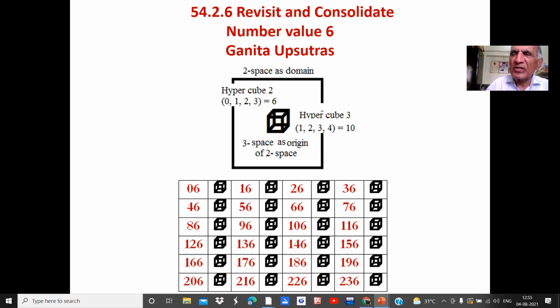Now these 24 steps organization is having 23 gaps, and these gaps are of value 10 each, from 06 to 16, 16 to 26, and so on.